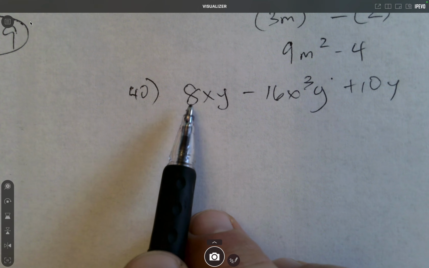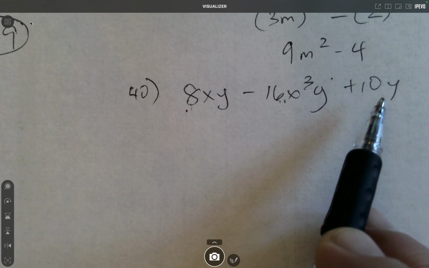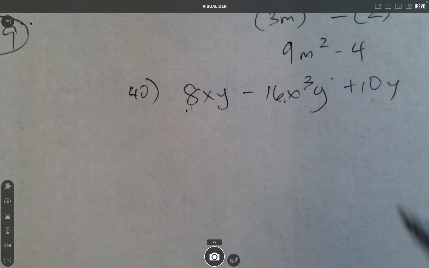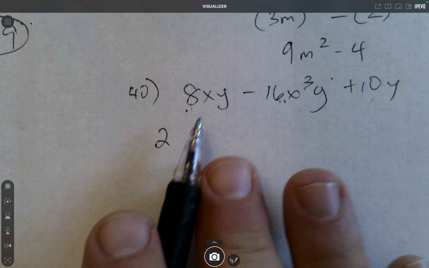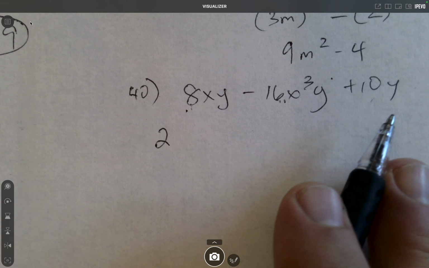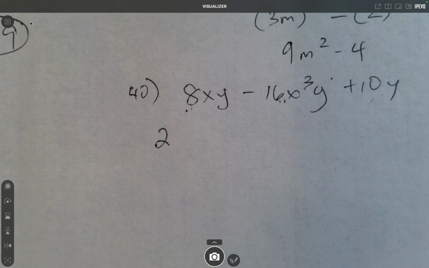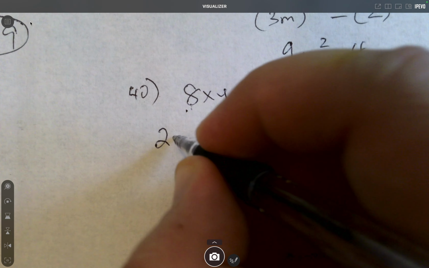So 4 does, and 8 goes into both of these, but neither 4 nor 8 goes into 10. So 2 is the biggest number we can pull out of all three. These two have an x, but this does not, so we can't pull out an x. But all three of them do have a y, so we can pull a y out front.